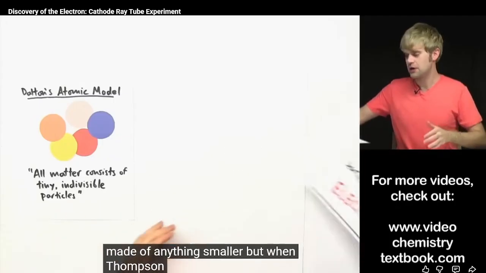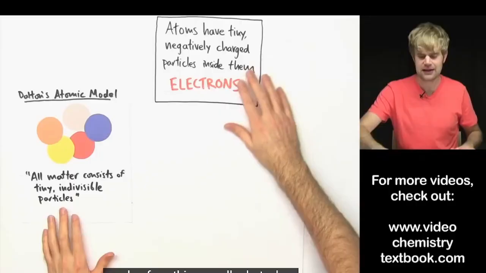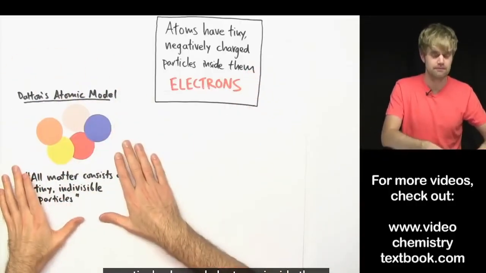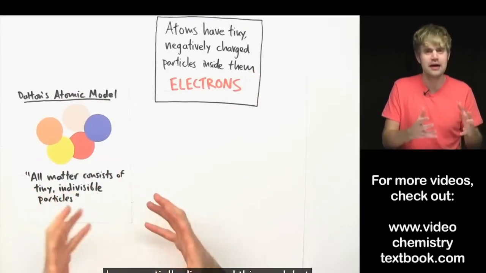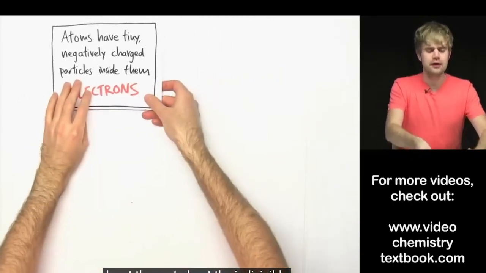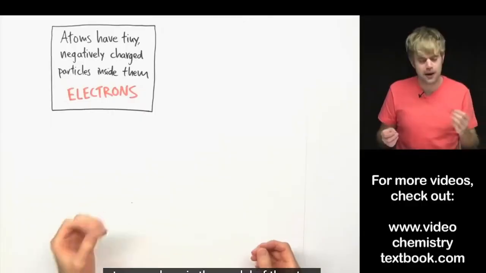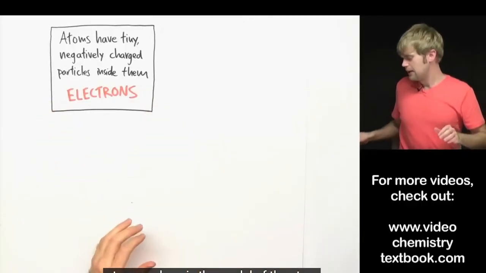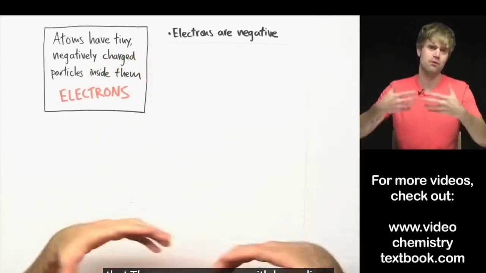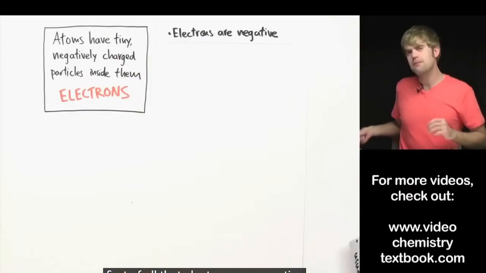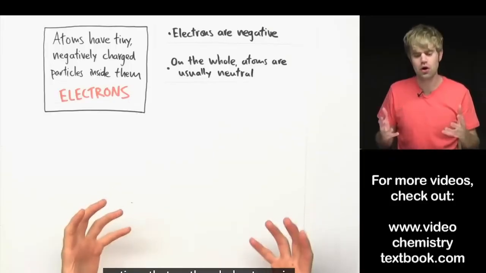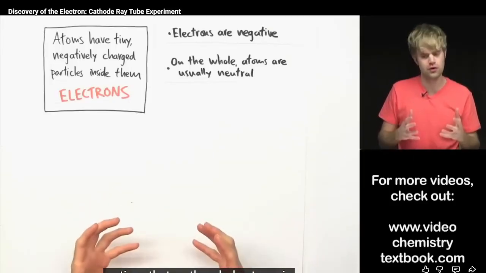When Thomson discovered that atoms have tiny negatively charged electrons inside them, he essentially disproved this model, at least the part about the indivisible atoms. So here is the model of the atom that Thomson comes up with. He realizes, first of all, that electrons are negative. We already talked about that. But then he notices that on the whole, atoms in general are usually electrically neutral.